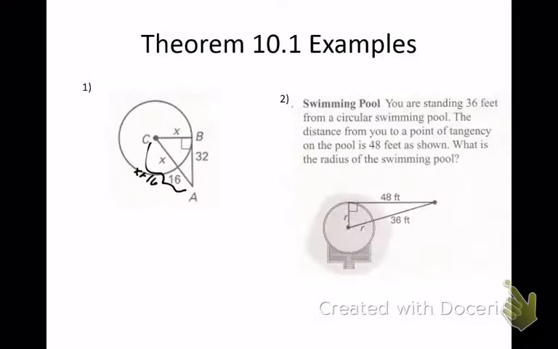And so we have to add x and 16. So x squared plus 32 squared would have to be equal to x plus 16 squared. Okay? And so x squared, so we go to work this out, x squared plus, and this is 1,024, I believe.